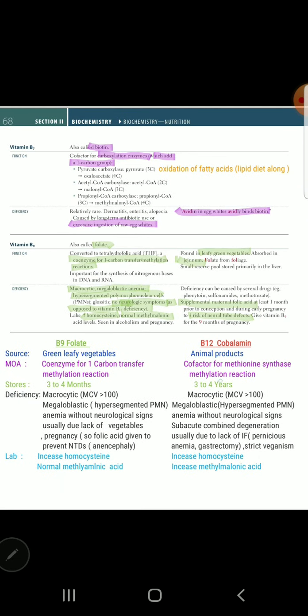Again, same reaction, but one carbon transfer is closer to B9 because it is the CH3 group, and that CH3 group is further transferred with B12, as it is acting as a cofactor in the methylation reaction of methionine synthesis. The word methionine synthase is used with B12. If just one carbon transfer, then it's B9. Green leafy vegetables for B9, and animal products for B12.